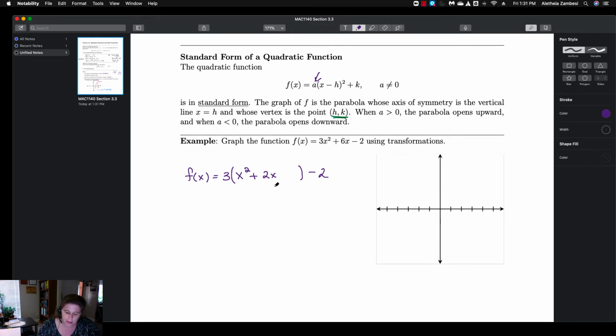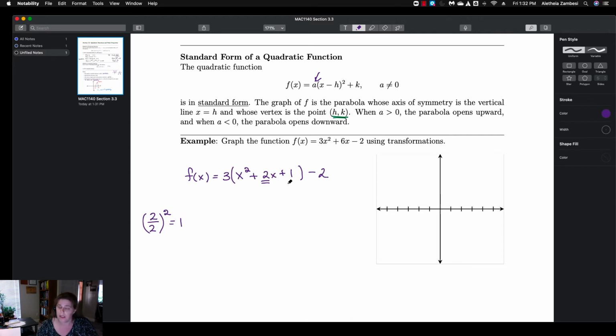So if I'm completing the square, remember that we take this middle term, we divide it by 2, and then we square it to get what we put in the back of this parenthesis. So here I get 1 on the inside, squared just gives me 1, so I'm adding 1. Now, when we were completing the square with 2 sides of an equation, whatever you add to one side, you also add to the other.